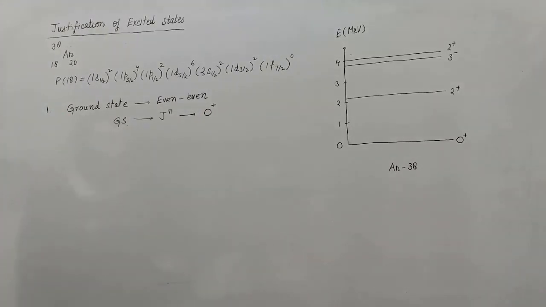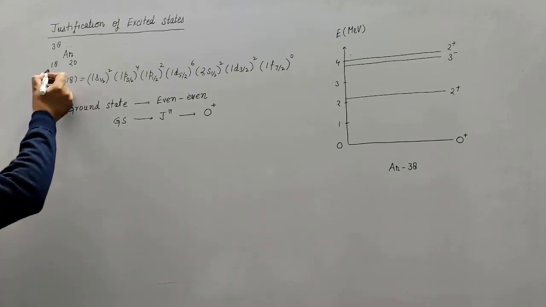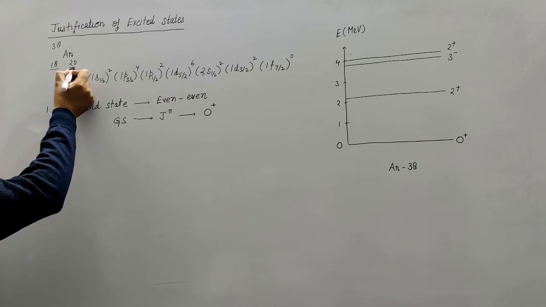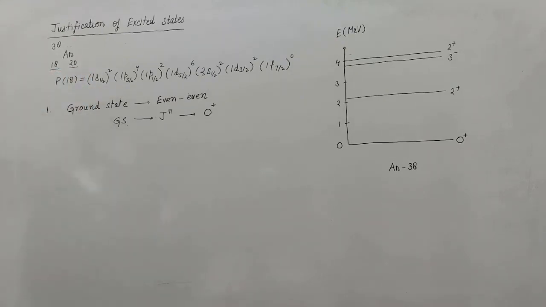Other excited states we can achieve by assuming the transitions of these protons or neutrons from lower sub-energy levels to higher sub-energy levels. Here the number of protons is 18, the number of neutrons is 20. You are aware about the magic numbers: 2, 8, 20, like this. So 20 is a magic number.